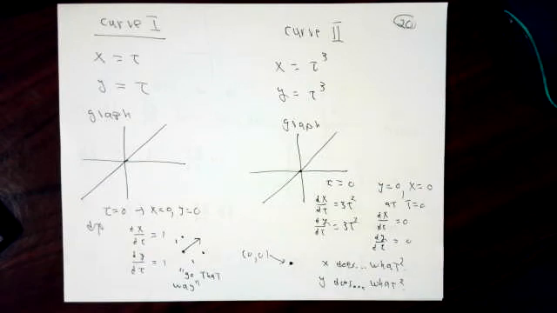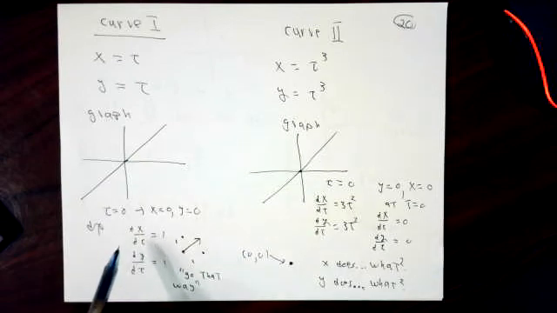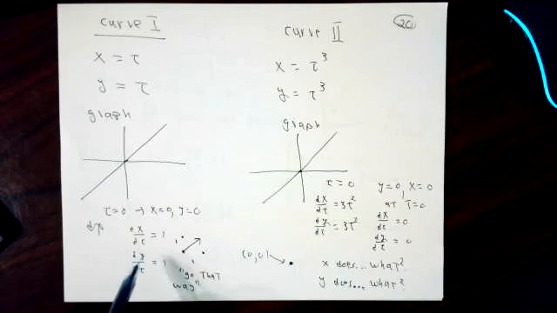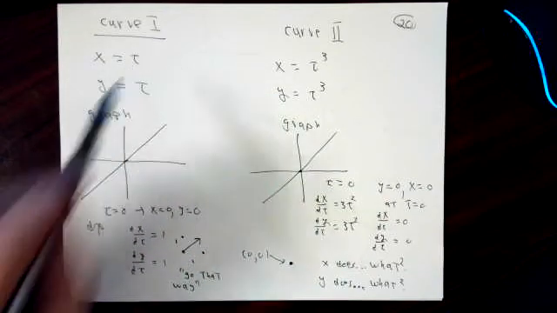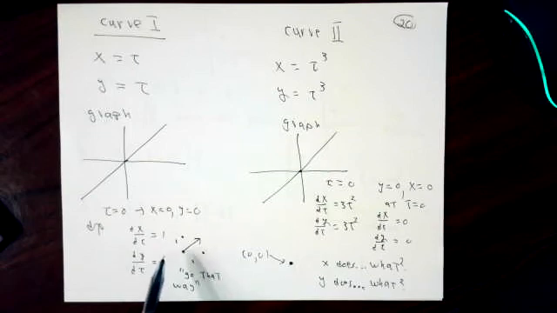Let's think about what's going on in terms of the derivatives and the direction of the tangent line. Over here, the derivative of x with respect to t, that would be the derivative of t with respect to t, that's 1, no matter what the t value is. Derivative of y with respect to t is 1.